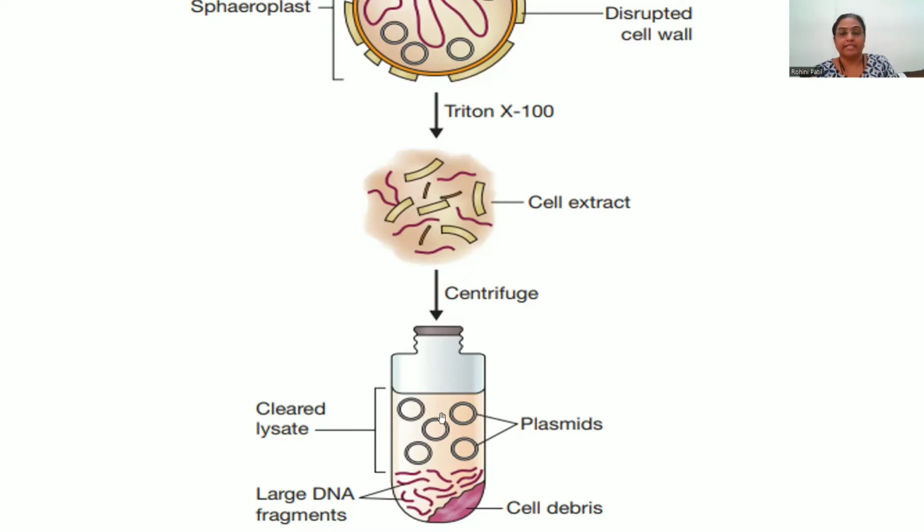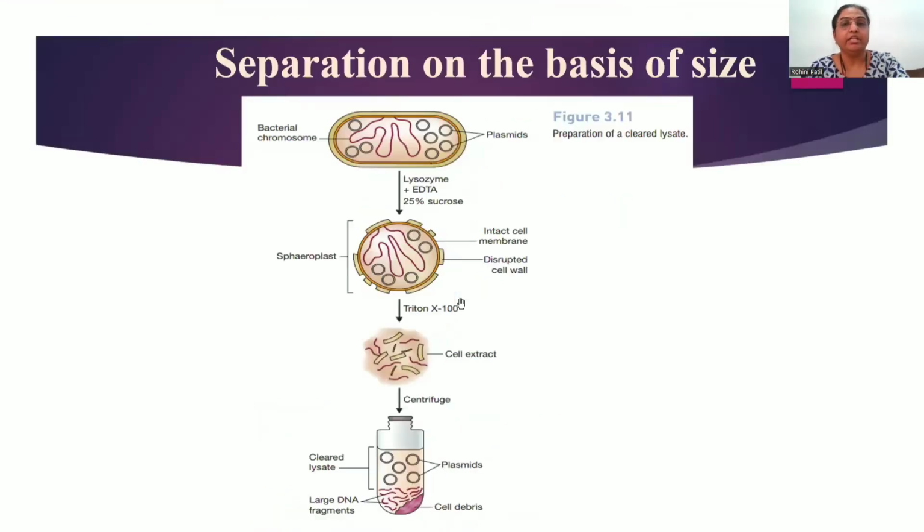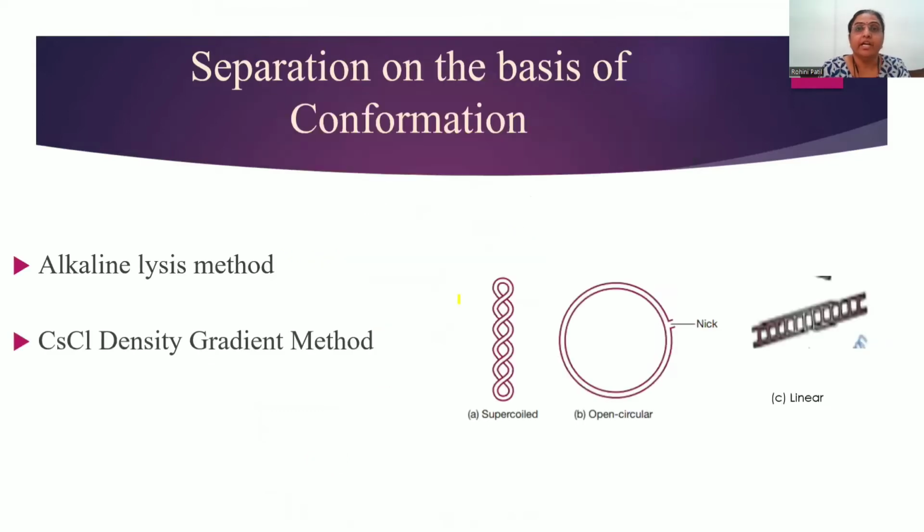These plasmids can be concentrated with the help of sodium acetate and isopropanol. In this way, the plasmid DNA can be separated from the genomic DNA according to the difference in size.